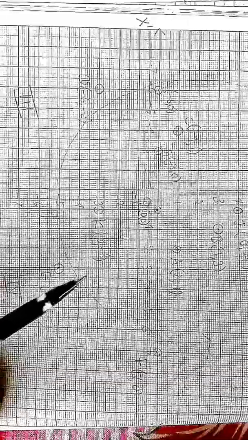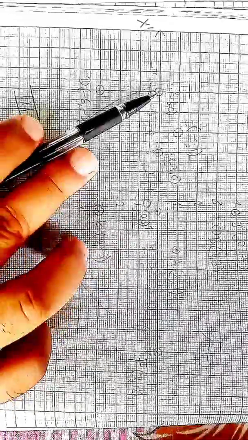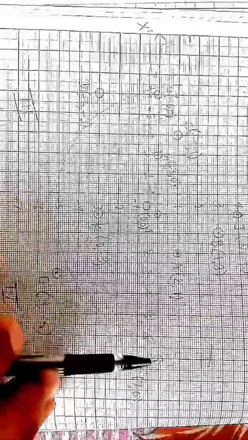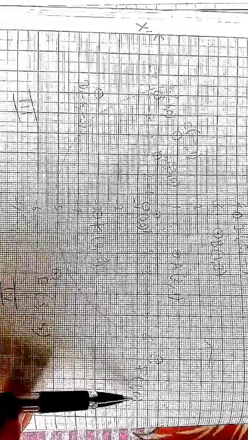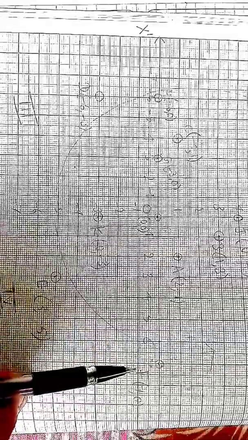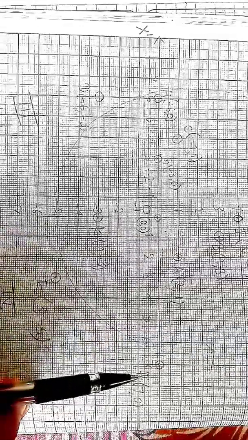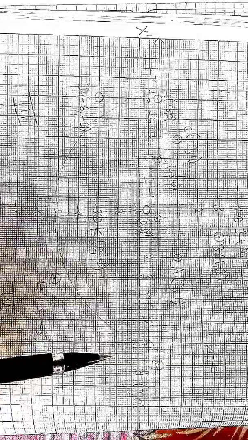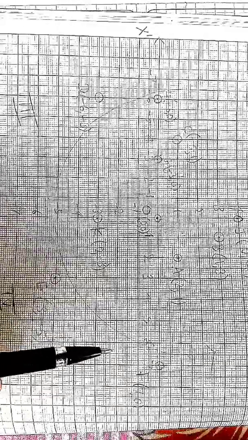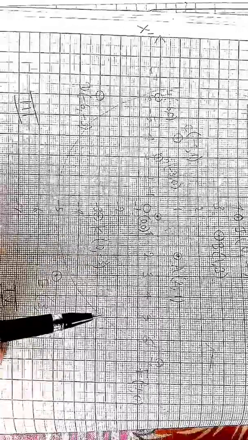Now we can say that every point on x-axis has the form x comma 0. Their y coordinates are always 0, because it lies on x-axis, and the y coordinate is the distance of the point from x-axis.